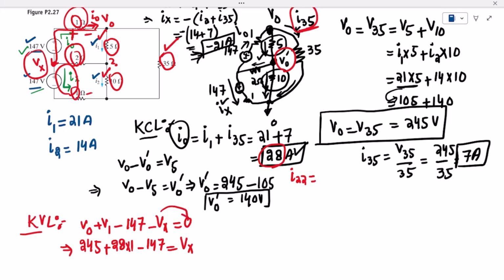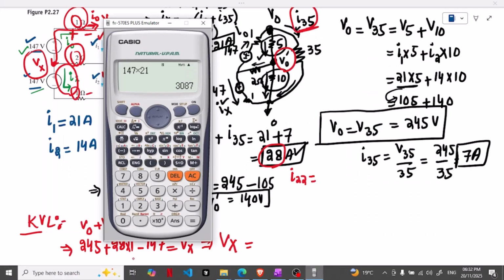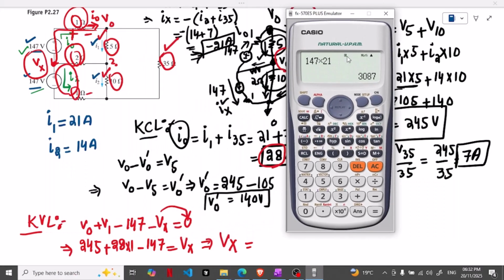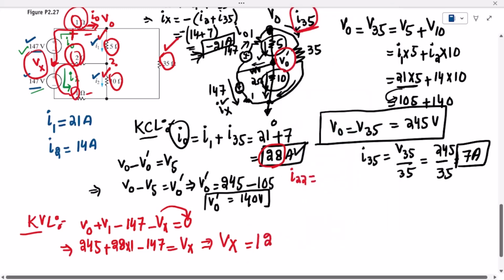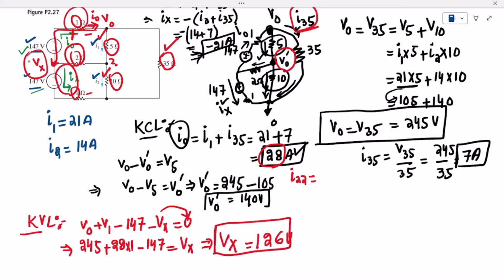Let me solve it by using the calculator. So 245 minus 147 is 98, plus 28 is 126. So the value of Vx is 126 volts. This voltage is known.